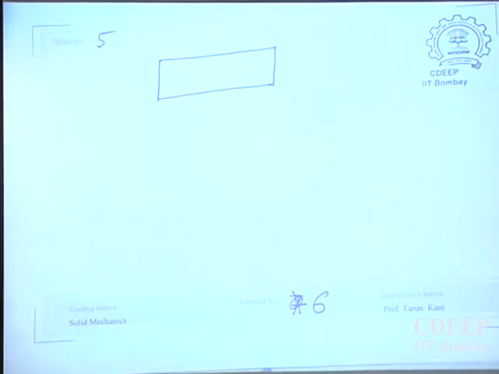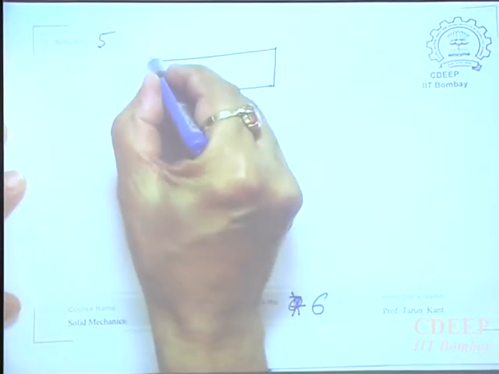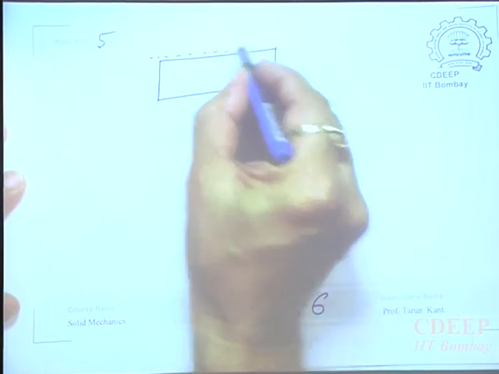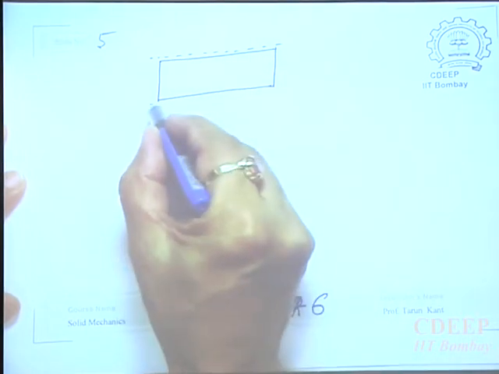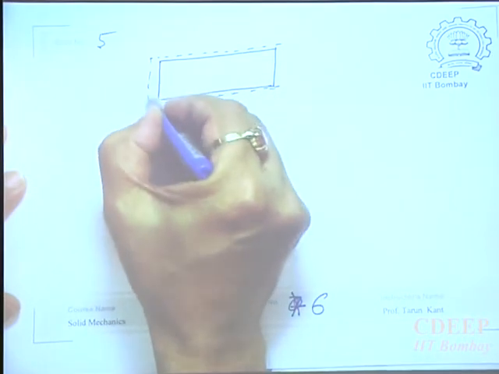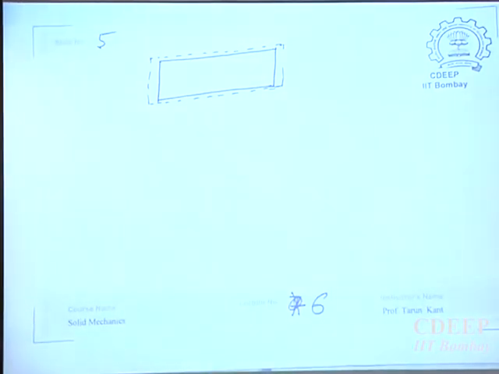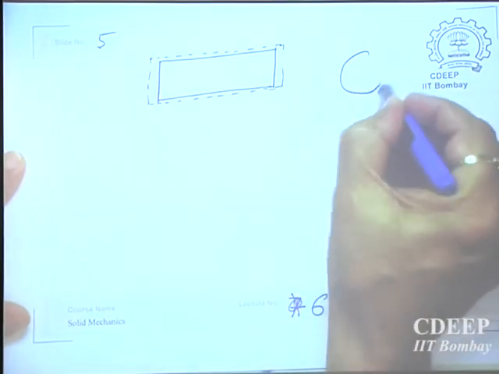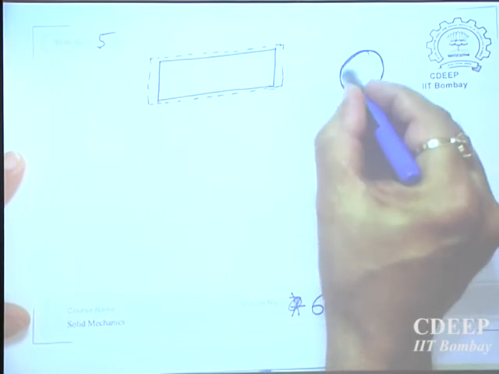So I have increased the temperature. What will happen? This rod, all dimensions will increase, it will expand. Of course, length dimension is more. Obviously, it is raised in temperature. I have put it in hot water. It is a steel rod. Best thing, you take a sphere, a spherical ball.